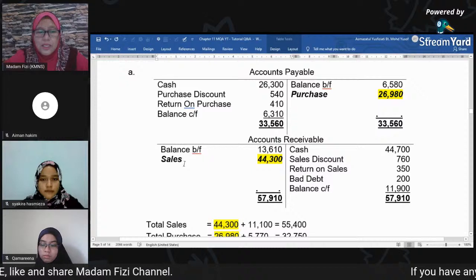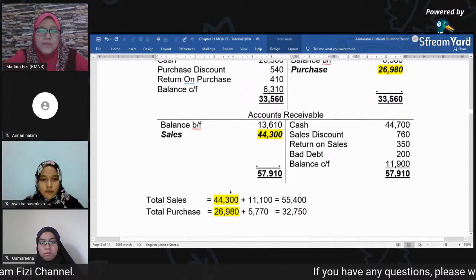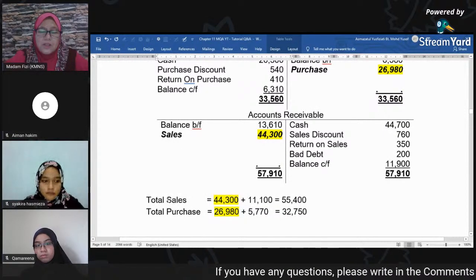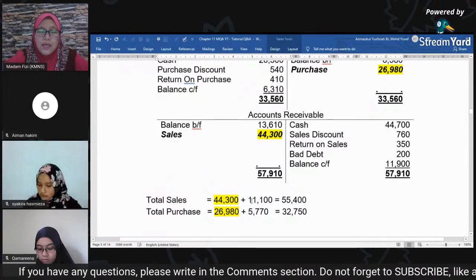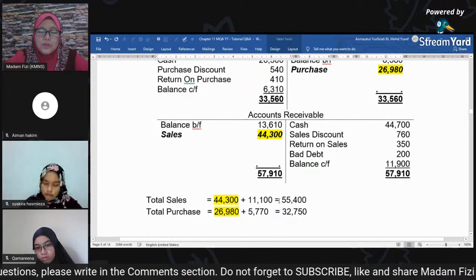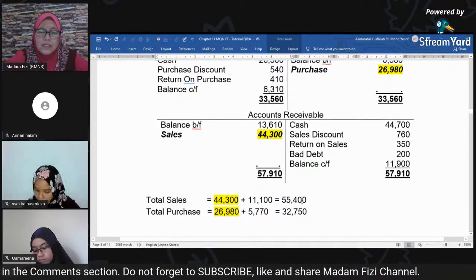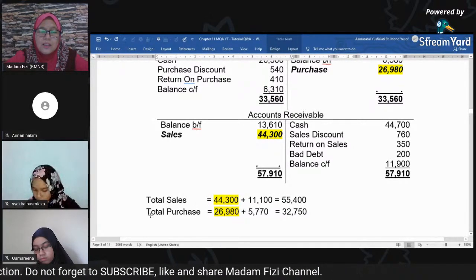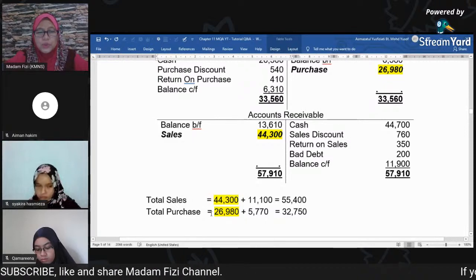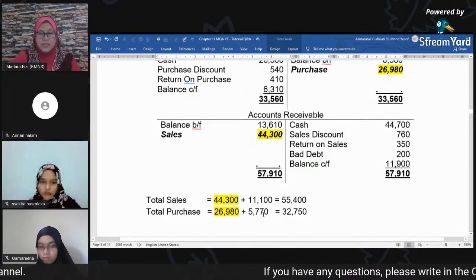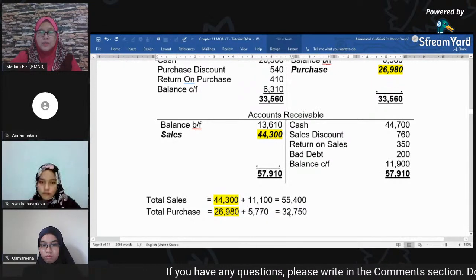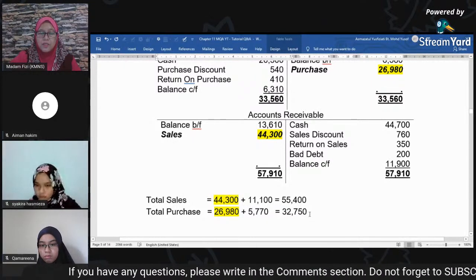Okay. So now you total up: total sales equals credit sales plus cash sales equals 55,400, and total purchase equals credit purchase plus cash purchase equals 32,750.